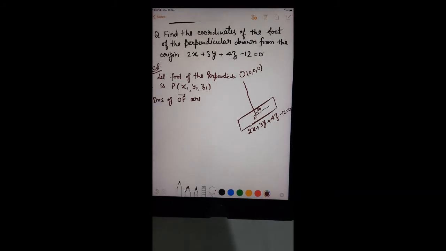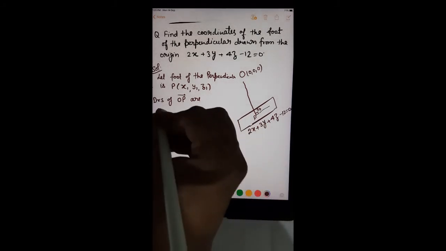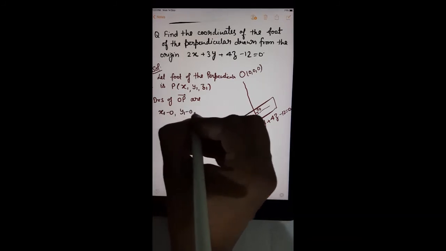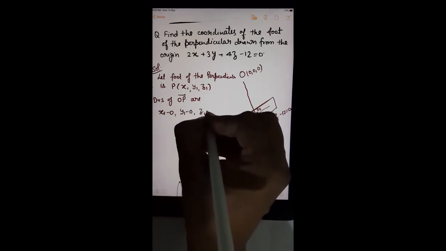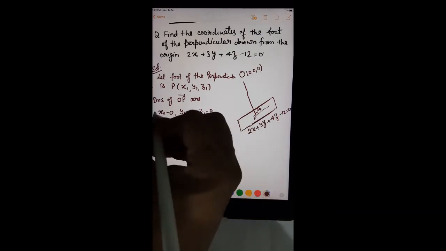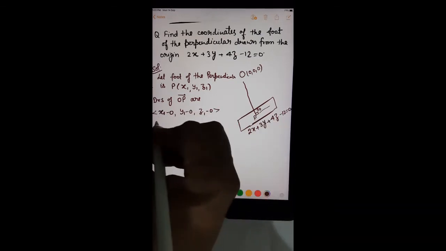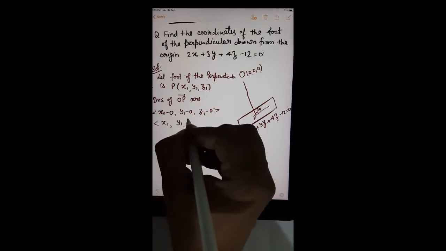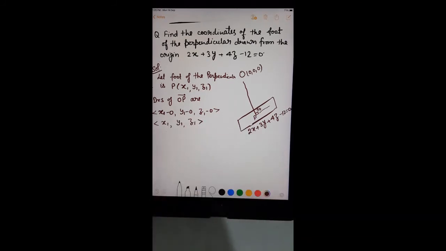So the direction ratios of this line OP are x1 minus 0, y1 minus 0 and z1 minus 0. Or simply we can say the direction ratios are x1, y1 and z1. These are the direction ratios of line OP.